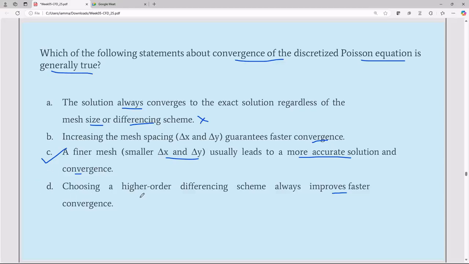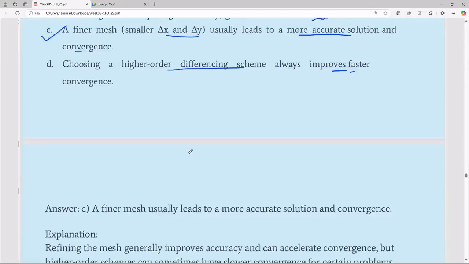Moving on to option D, choosing a higher order differencing scheme always improves faster convergence. Moving to a higher order differencing scheme reduces the number of elements, but it won't always give faster convergence. So the option is option C.